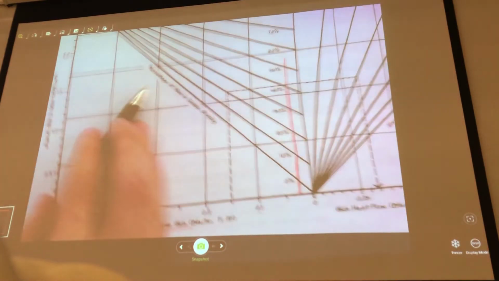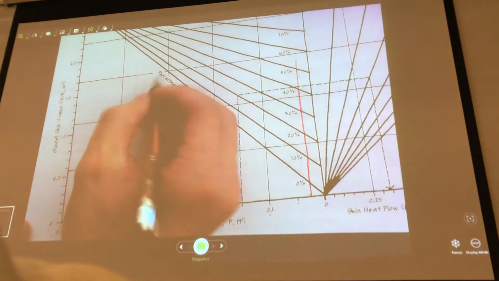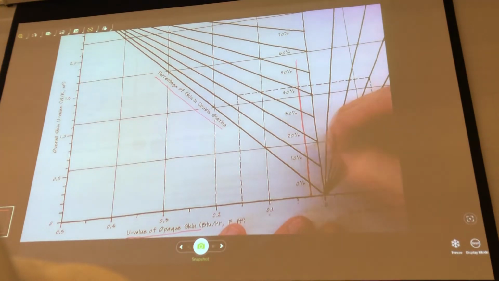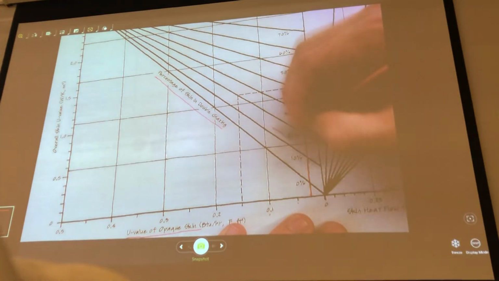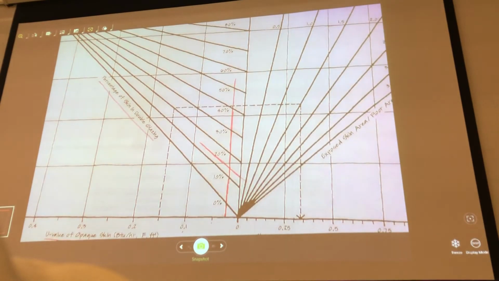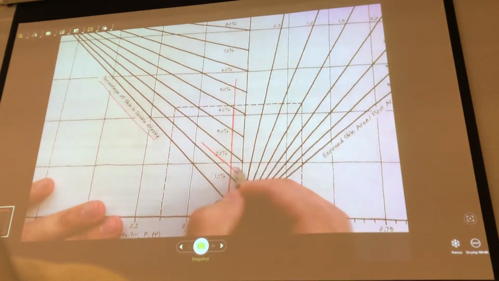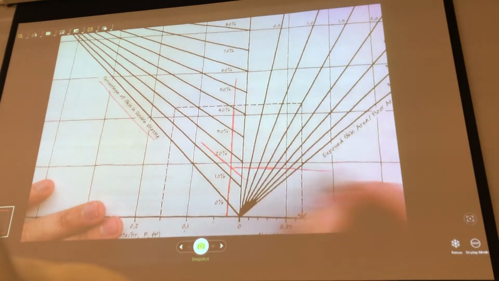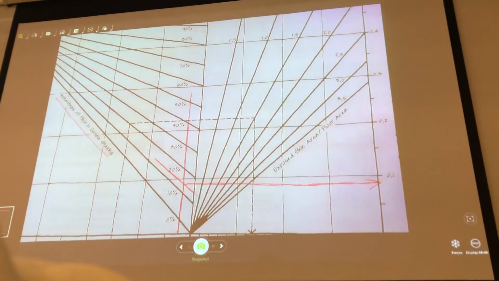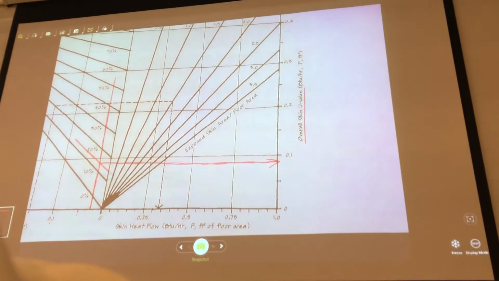We then take our percentage of double glazing. In this case, 12.7, which would be somewhere right here. And we're going to draw a line all the way to our right. Now, if we go all the way to the right, that tells us what our overall U value is, including our glass.